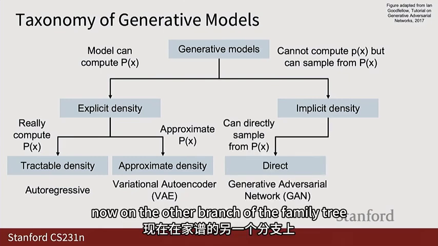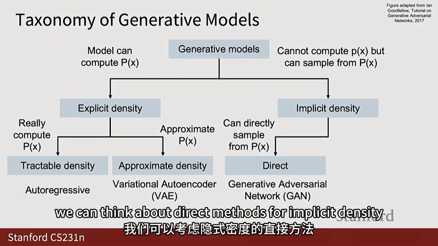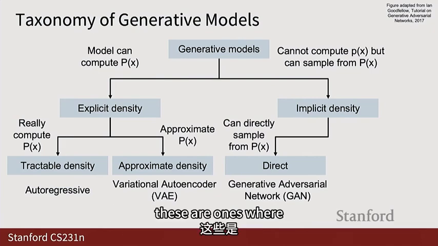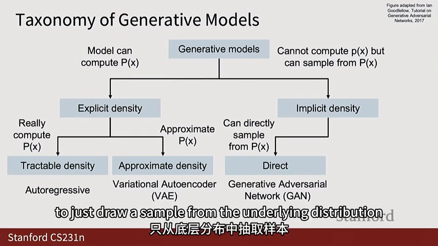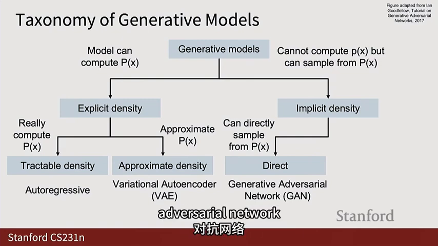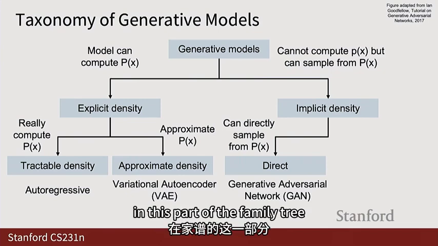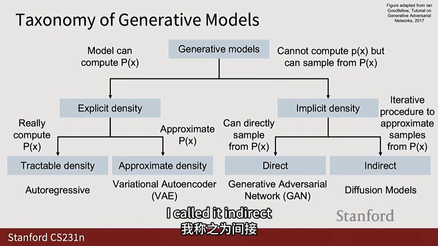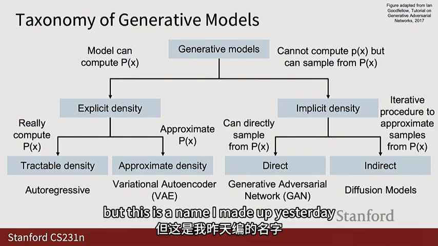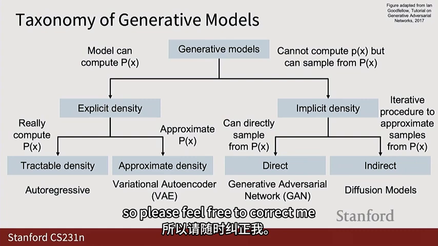Now, on the other branch of the family tree, we can think about direct methods for implicit density. These are ones where it requires a single network evaluation to just draw a sample from the underlying distribution that's being modeled. A generative adversarial network is an example of a generative model in this part of the family tree. And the other part, I don't know if it has a good name. I called it indirect, but this is a name I made up yesterday, so please feel free to correct me if there's a better term.